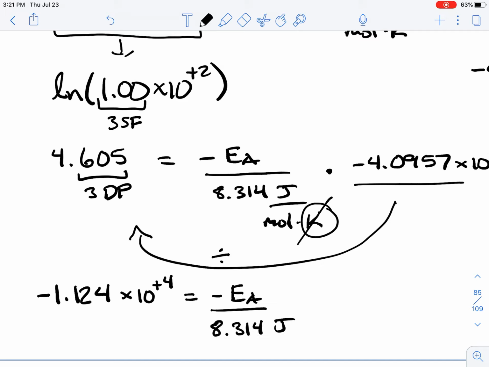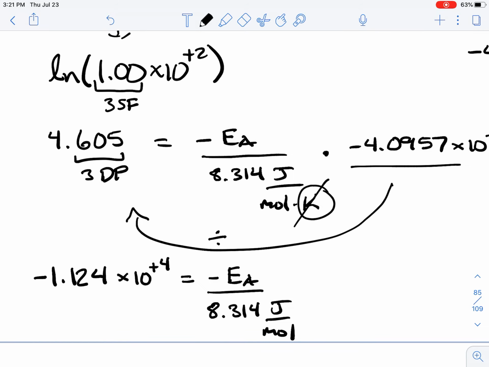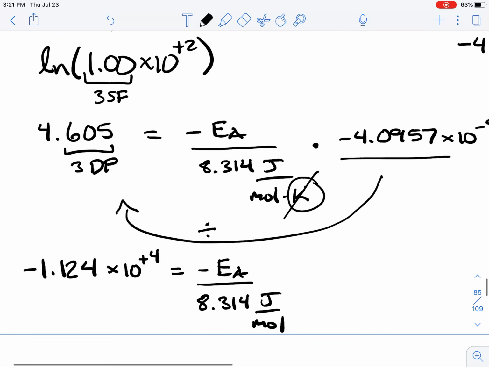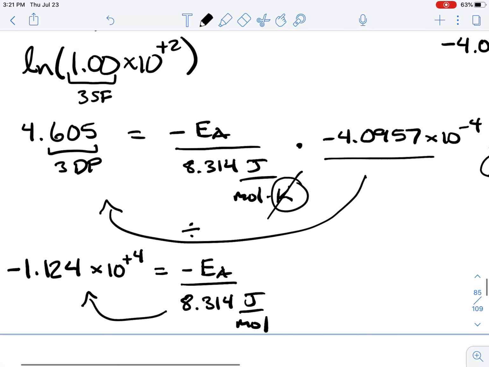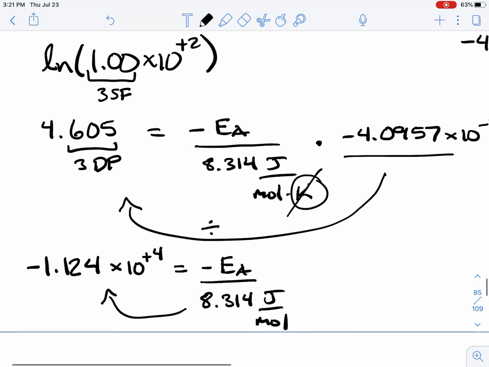And so very similar to what we did in the previous problem, we're going to multiply both sides by negative 8.314.